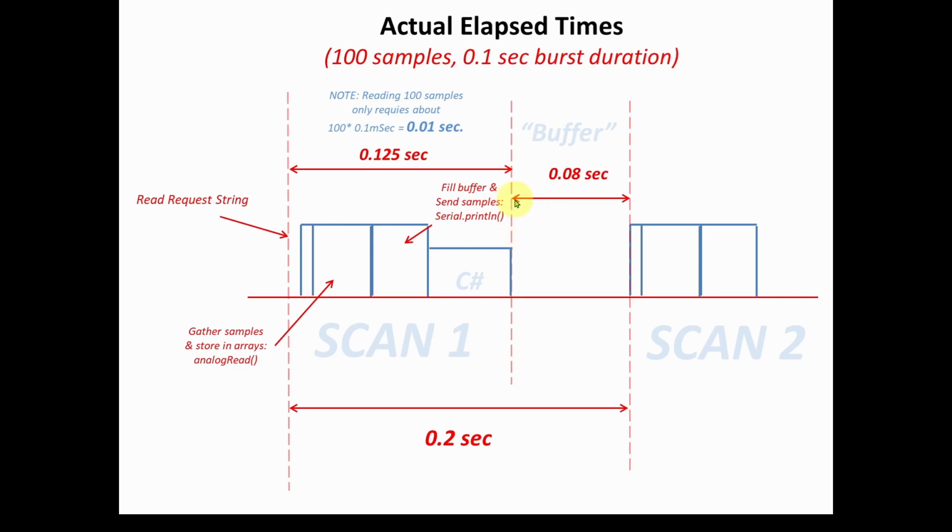And I've got a buffer included in this calculation, which turns out to be 80 milliseconds. Because this went over, it went from 100 milliseconds scan time to 125 milliseconds, and it used 80 milliseconds of the buffer to give me a 200 millisecond total time. So I asked for a 100 millisecond display, but it actually takes me 200 milliseconds before I can ask for an update. That's why it's important that you know how much buffer, so you've got a little room in there so you don't start overwriting.